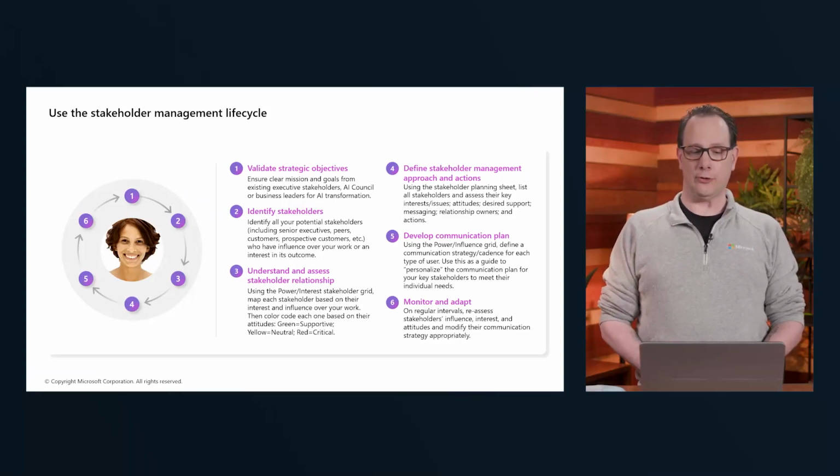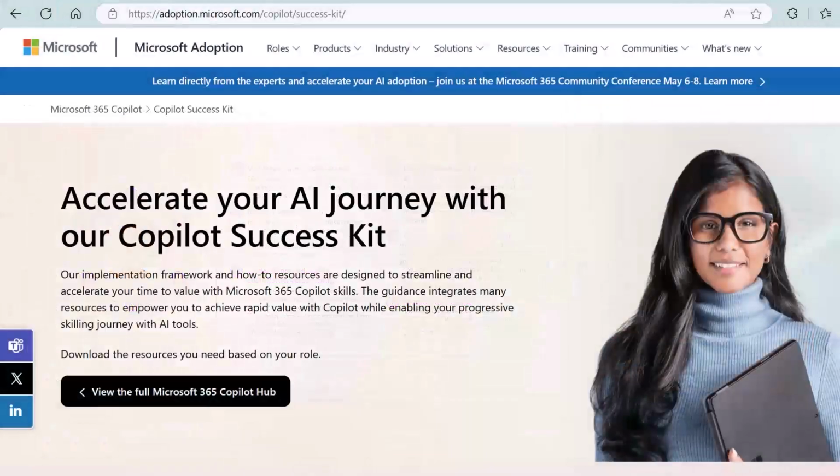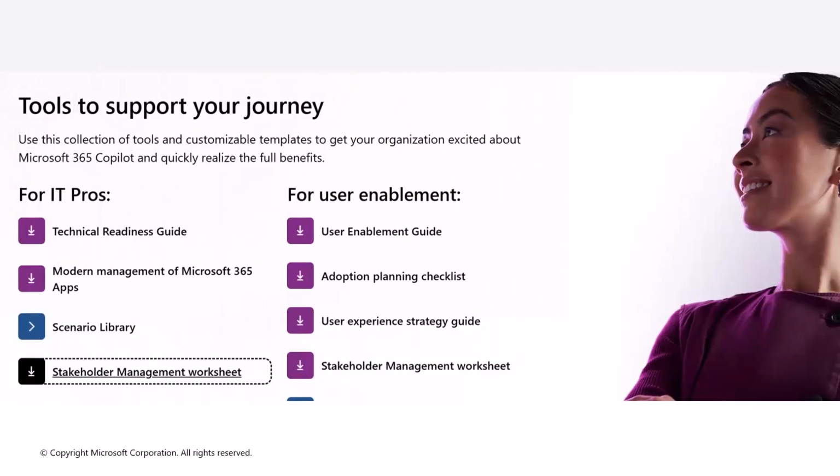This lifecycle involves 6 different steps, outlined here on the slide. Now, basically, it comes down to validating strategic objectives, ensuring a clear mission, but also ensuring goals from existing executive stakeholders, as well as the AI Council and even the business leaders within the AI transformation project.